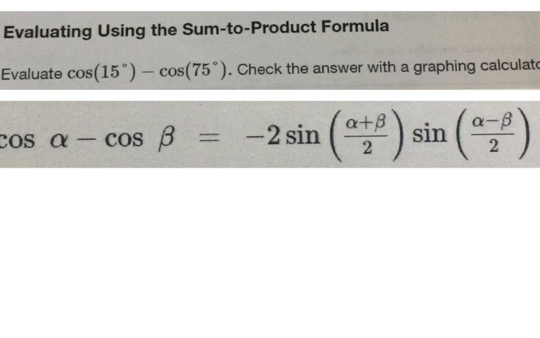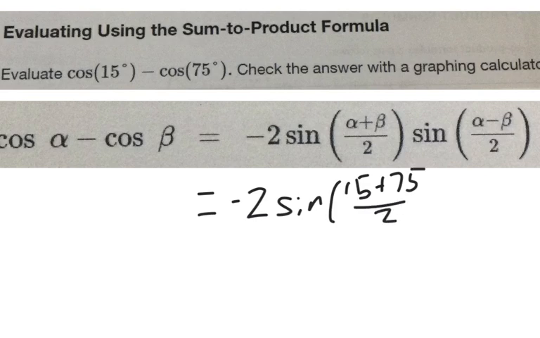Okay, here's this one. Cosine of alpha minus cosine of beta equals, are we good plugging in here? Negative 2 sine of alpha, 15, plus beta, 75, over 2. All these are in degrees. Sine of alpha, 15, minus beta, 75, over 2.